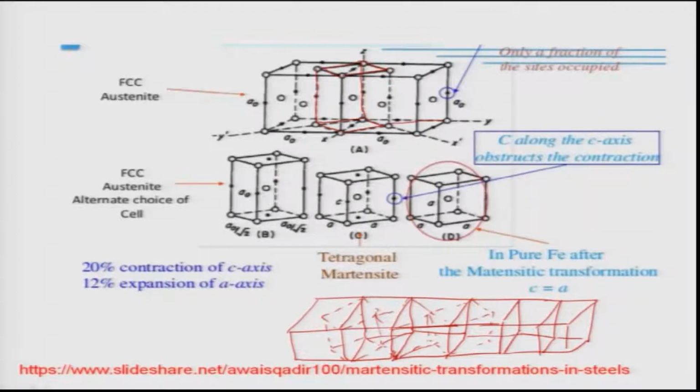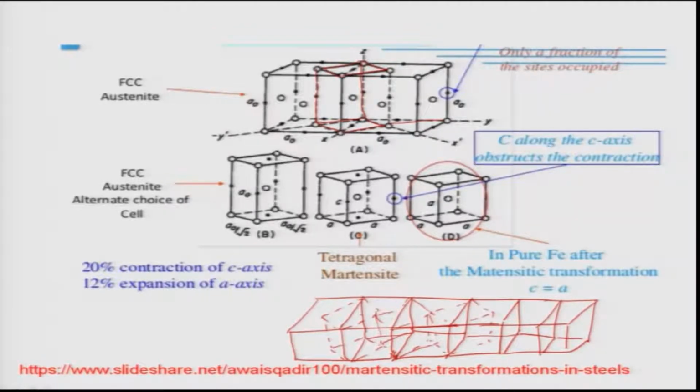So that much distortion is required to generate the BCT structure in the martensite. Obviously, BCT is mainly because carbon atoms are going along these 001 directions of the BCC unit cell, and they are the ones which are leading to the contraction on the C axis and the expansion on the A and B axes. So that is the main reason why BCC becomes a BCT structure.